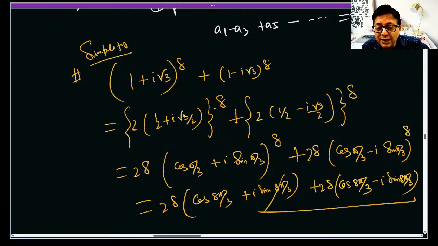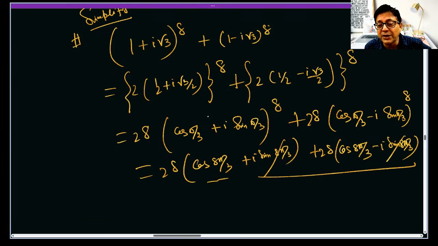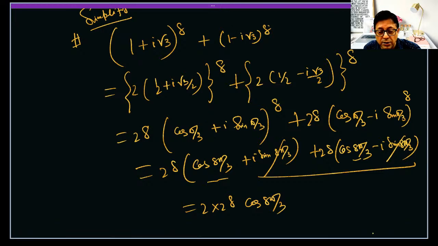Now these two are getting cancelled. So what will you get? On simplification, these are repeated terms. 2 into 2 to the power 8 cos 8 pi by 3. Clear? Understood?